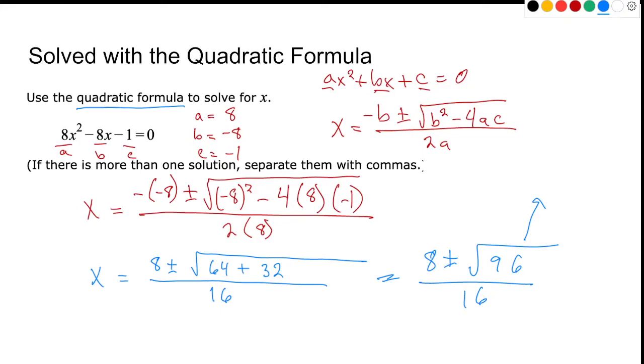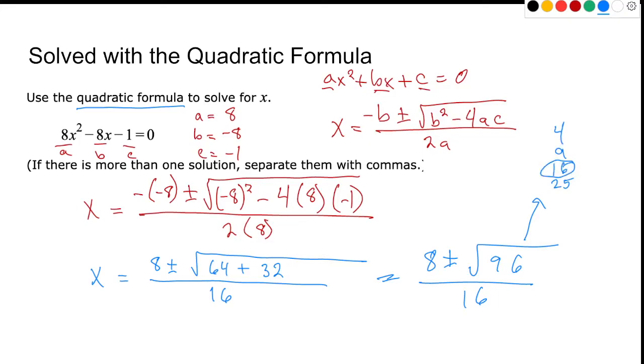What we're looking for is whether 96 is divisible by a perfect square. Certainly it's divisible by 1, but then there's 2 squared is 4, 3 squared is 9, 4 squared is 16, 5 squared is 25. So 96 probably can be divided by 4 or 16.